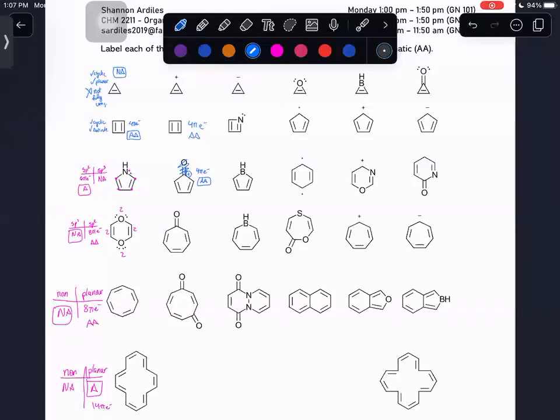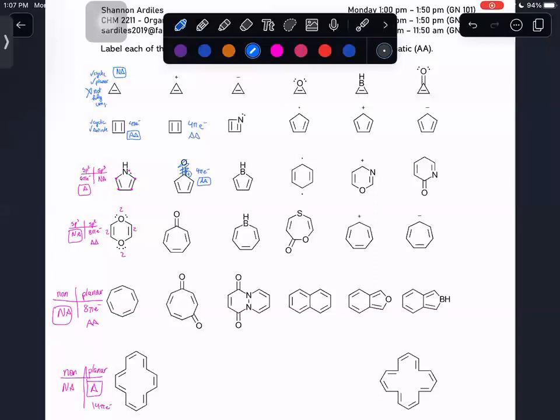For this, it could choose to be sp2 or sp3. If it was sp2, there would be 4 pi electrons and that makes it anti-aromatic.